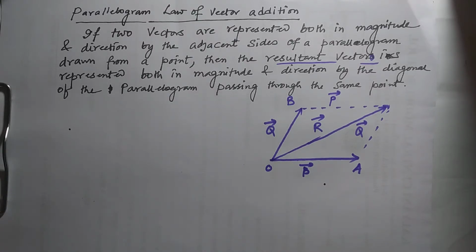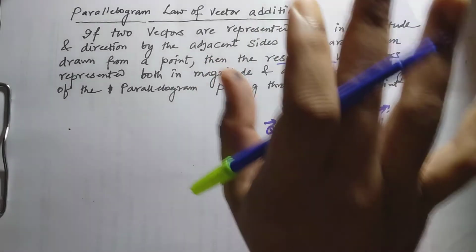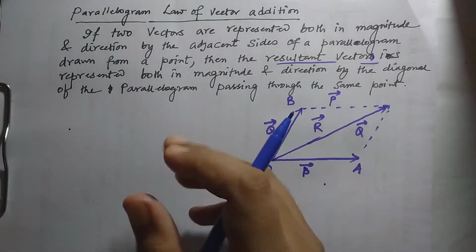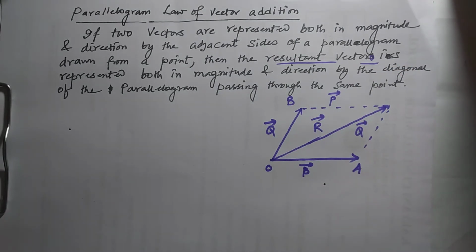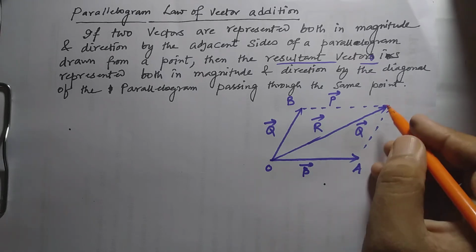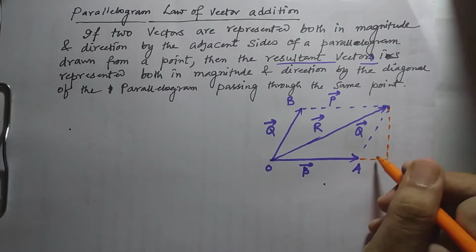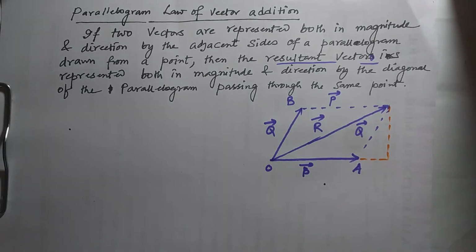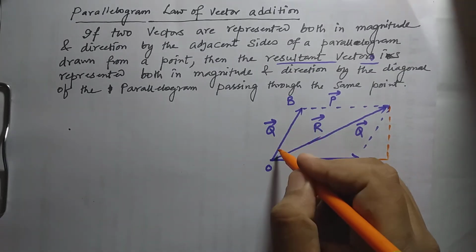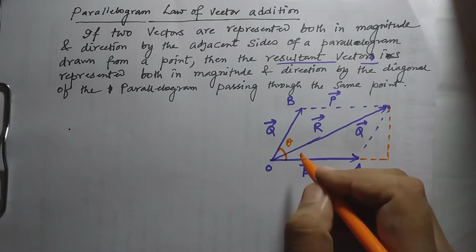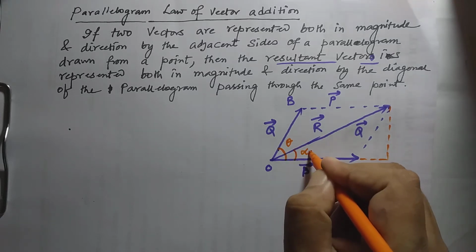Now we have to determine the analytical method. We have to find out the magnitude of the R vector. We'll use the same procedure we did in the triangle law of vector addition. First we'll draw one perpendicular here. Remember, the angle between the two vectors P and Q is theta, and the angle between the resultant and P is alpha.